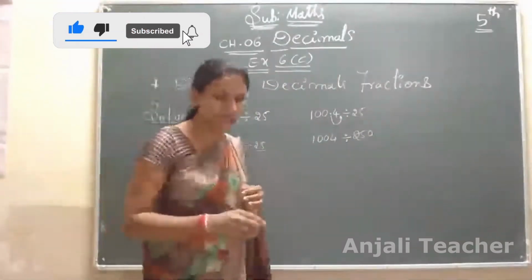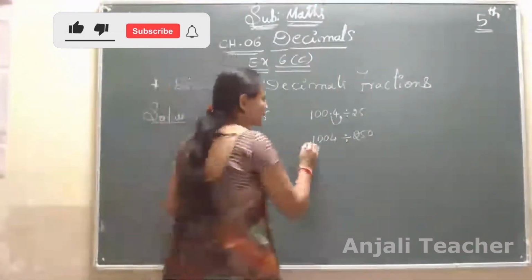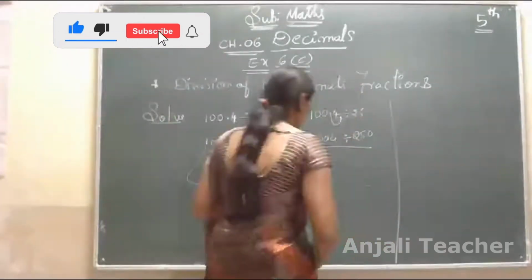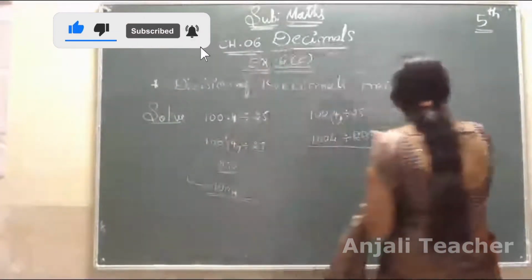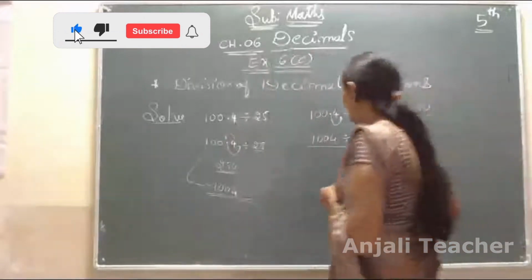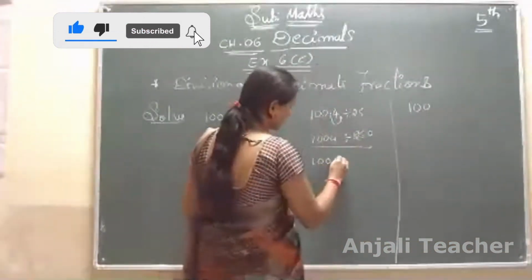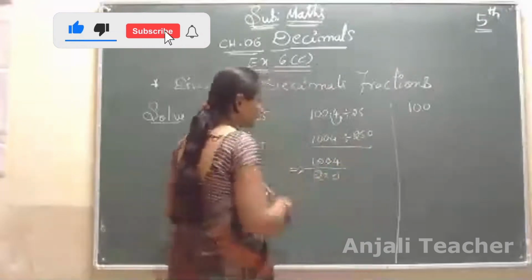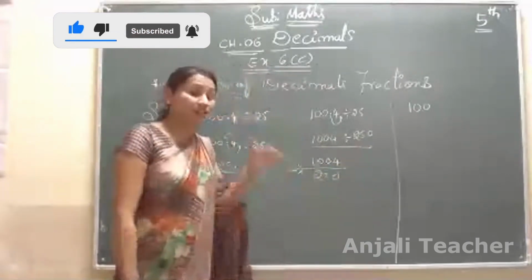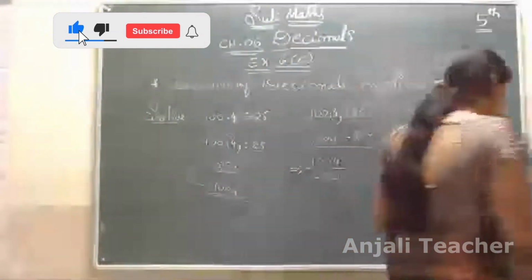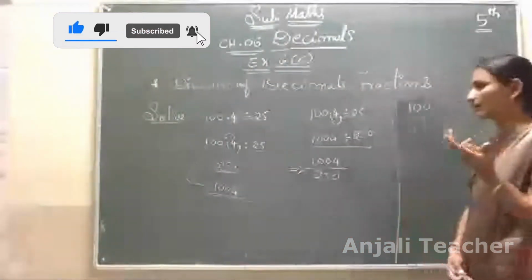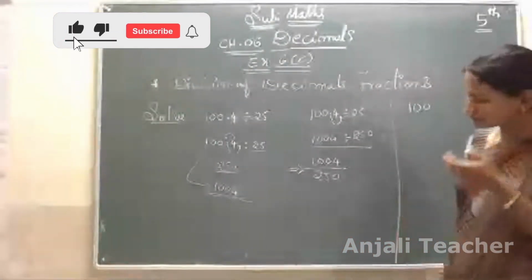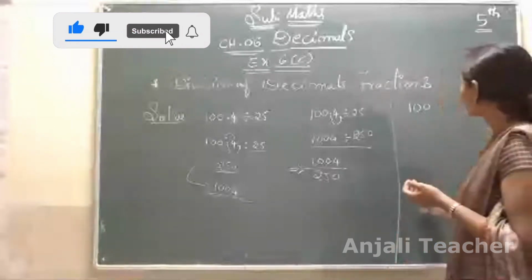So now can you see that? This is one method. Again another method is 1004 by 250, you have to do the division. Can you see which method is easy for you? You have to practice that method.